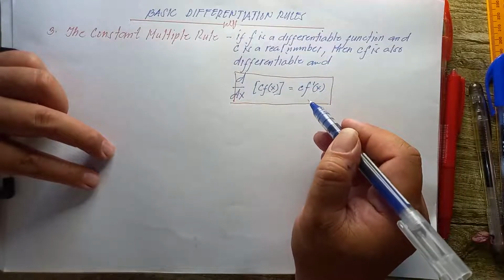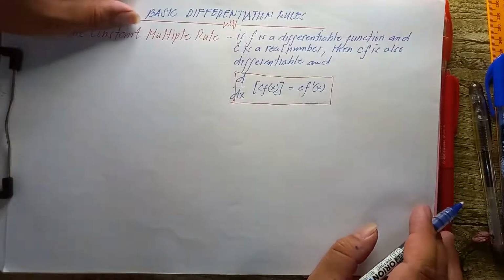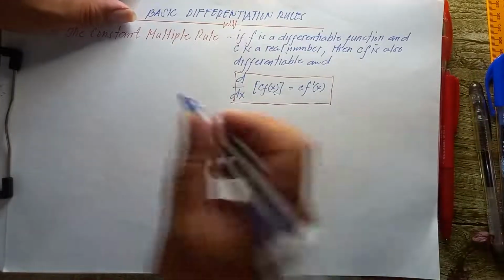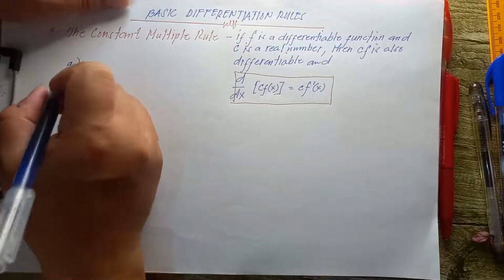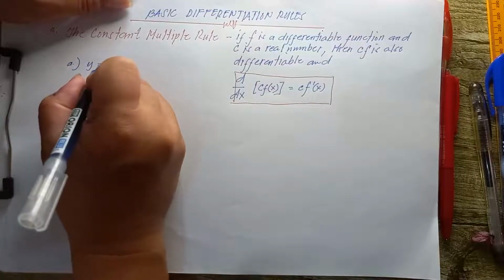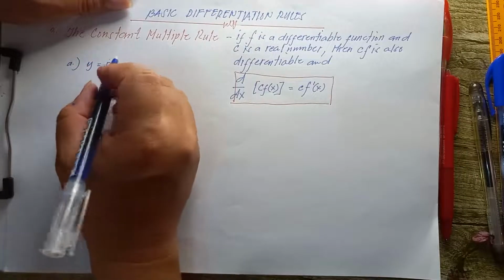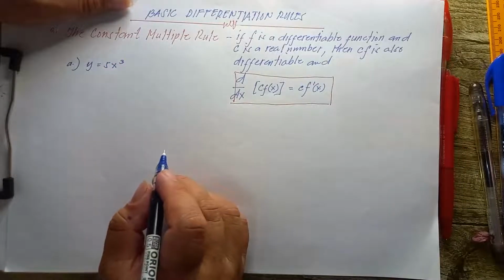Okay, so how do we apply this one? Assume that we have number 1, letter A example. We have y is equal to 5x raised to 3.